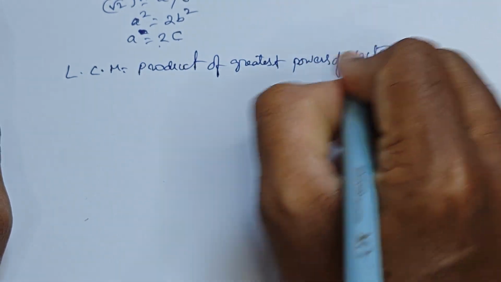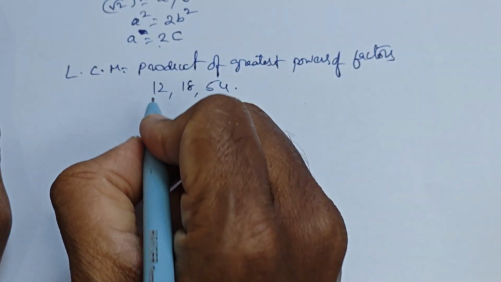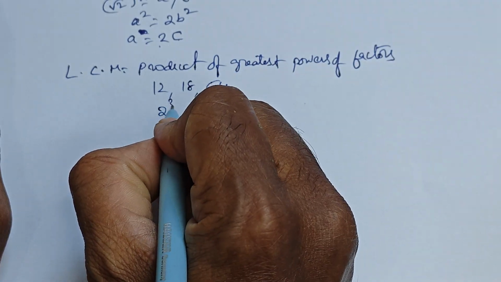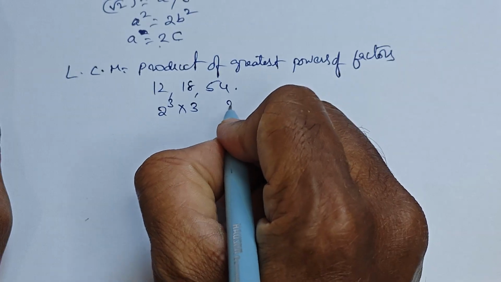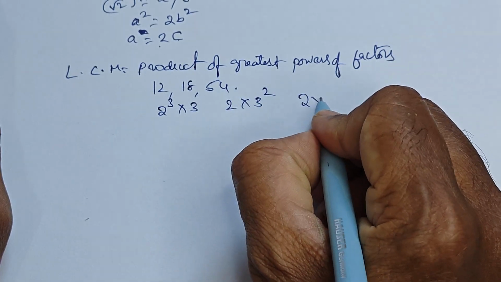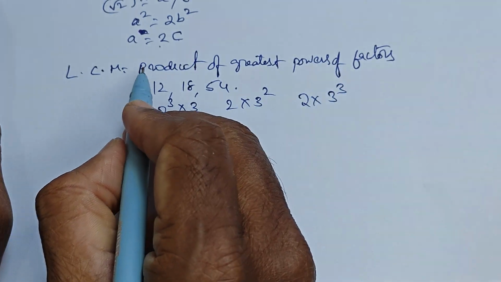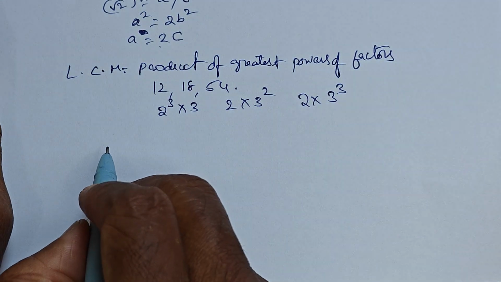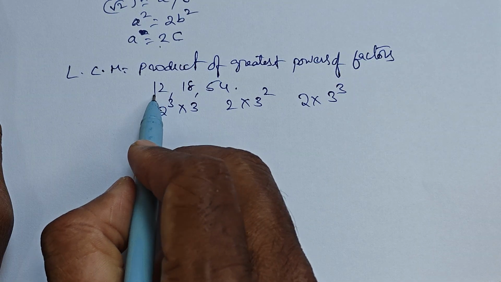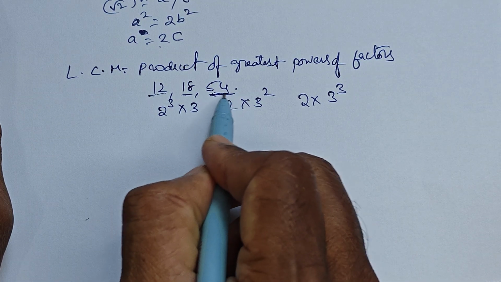So if 12, 18 and 54 are given, 12 we write as 2 square into 3, 18 as 2 into 3 square, and 54 as 2 into 27, right? 27 is 3 cube. Here we are not using two numbers, we are using the third number 54 also.